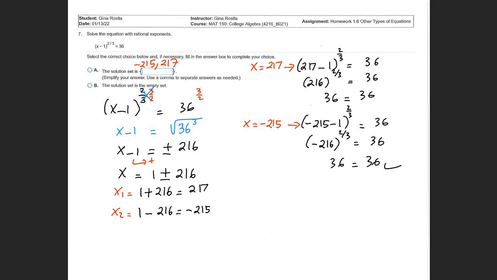Now, next, number 8. Solve the absolute value equation or indicate that the equation has no solution.